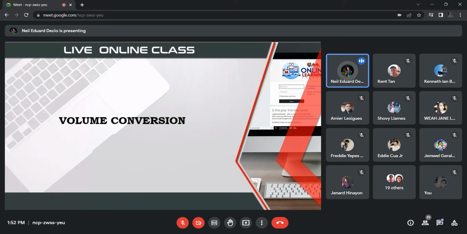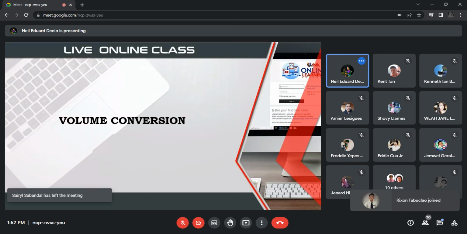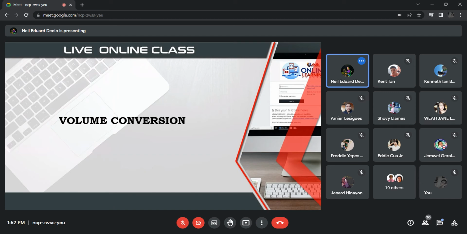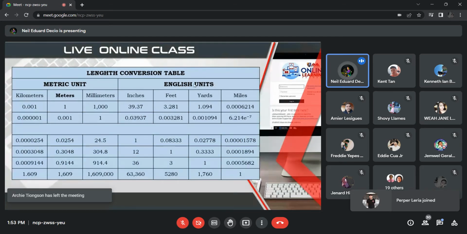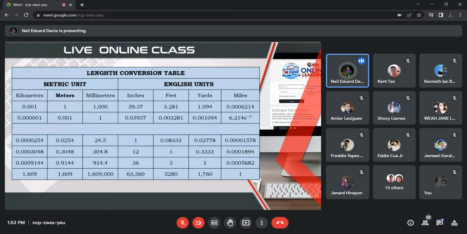So what if we want to convert yards to feet? Of course, we know according to the table that 3 feet is equal to 1 yard. So actually it's easy, right?